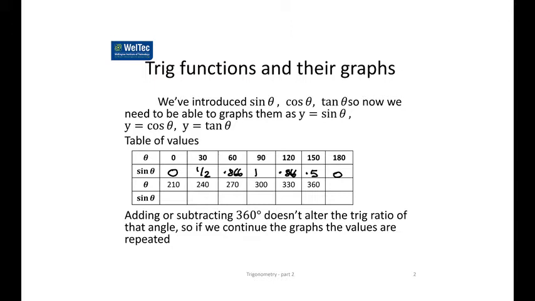When theta is 210, it's negative 0.5, and it's negative 0.866, and it's negative 1, negative 0.866, negative 0.5, and 0. And remember that adding or subtracting 360 doesn't do anything, so we could actually continue the graphs this way or that way as well.